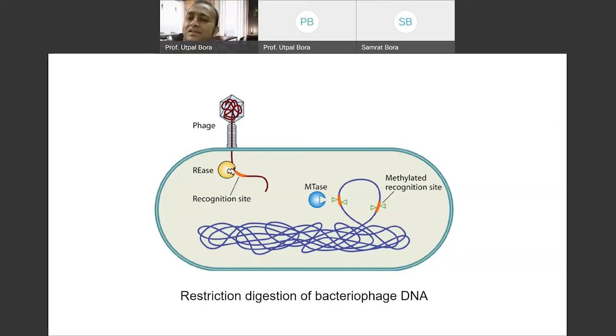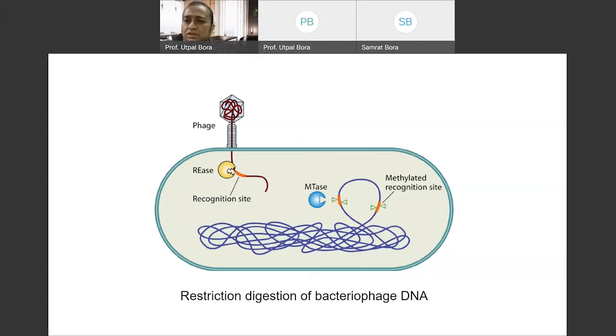They are basically tagged by these methyl molecules or CH3, and the restriction endonuclease recognizes these special tags, so it knows what is me and what is not me, who is an outsider and who is me. So it will not destroy its own DNA.